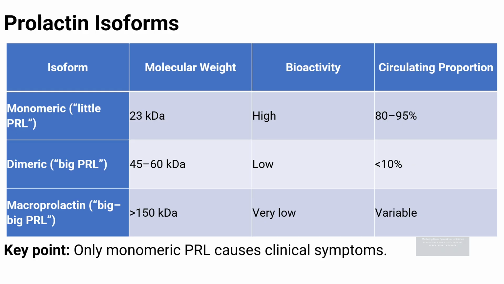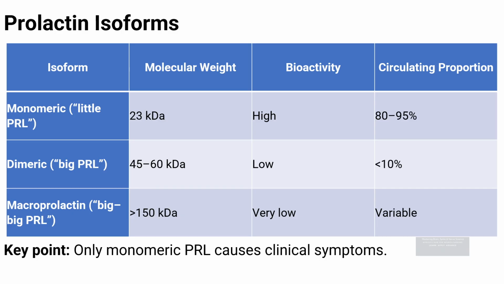In contrast, dimeric prolactin, sometimes referred to as big prolactin, has a higher molecular weight, around 45 to 60 kilodaltons, and circulates in much smaller amounts, usually less than 10% of total prolactin. Its biological activity is low, and it rarely contributes meaningfully to clinical symptoms.